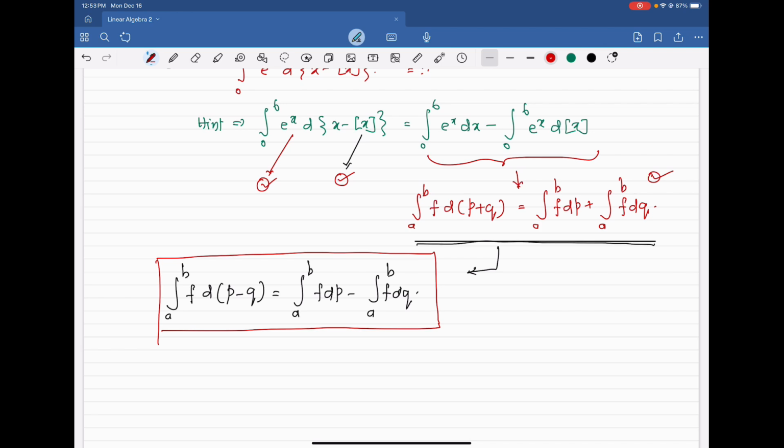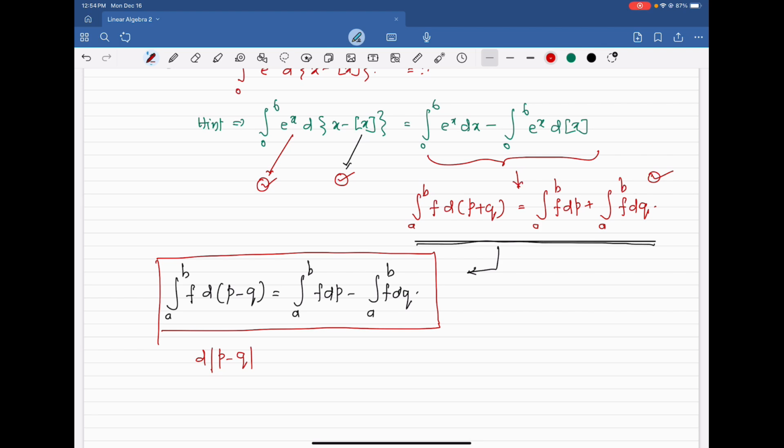Now let this function not be an ordinary function like x minus box x. Let us say this d of function is absolute value of p minus q.